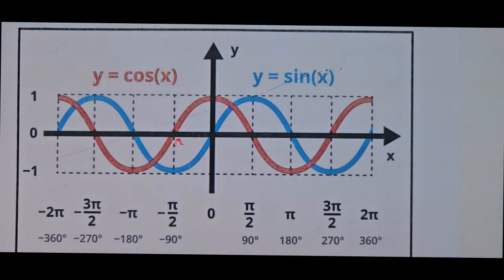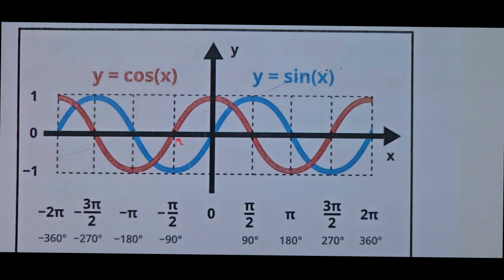So here you can see that if you consider 0 the starting point, in 2 pi you would have one cycle for the sine. For the cosine, if you start from here, which is -270, in 90 degrees you would have one full period.